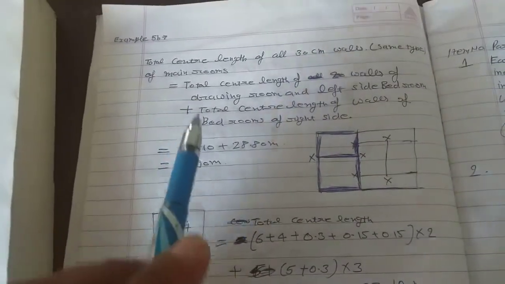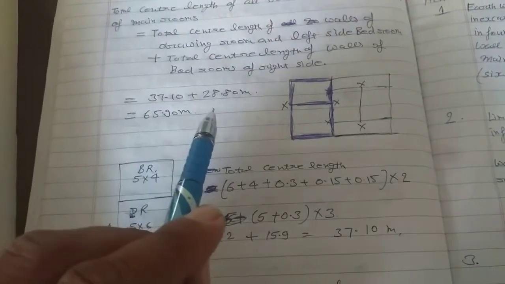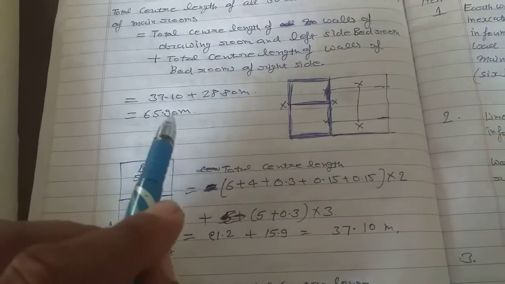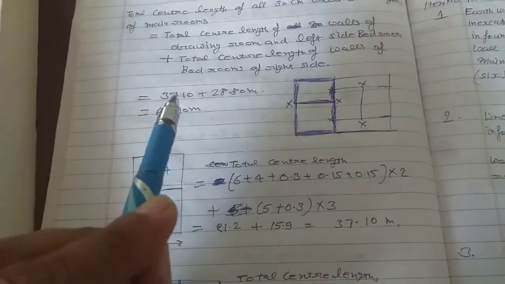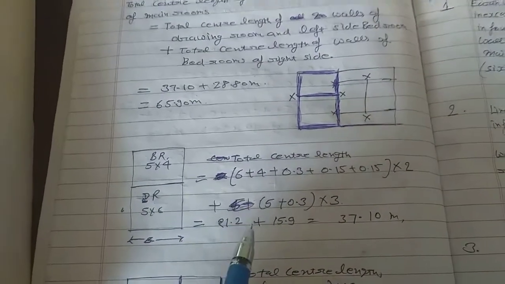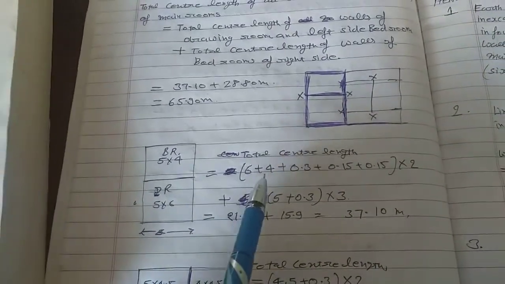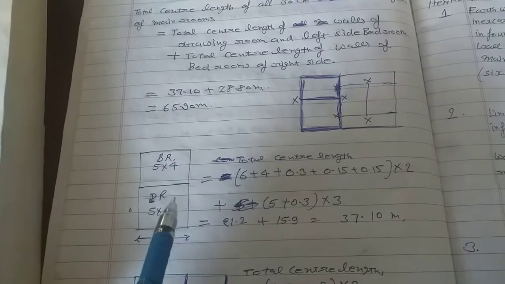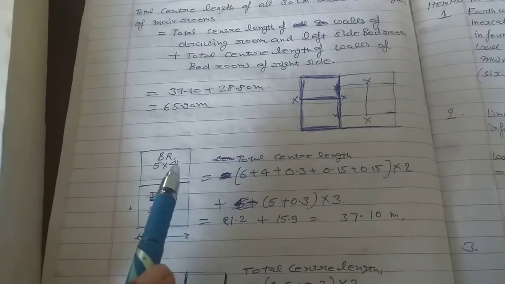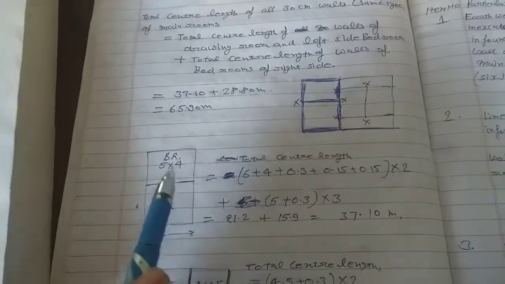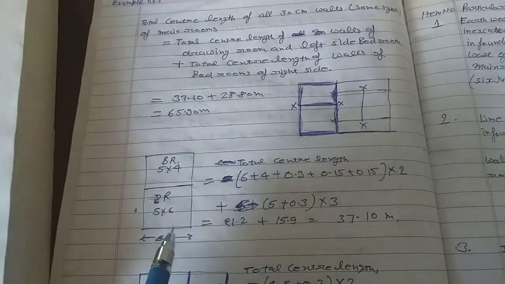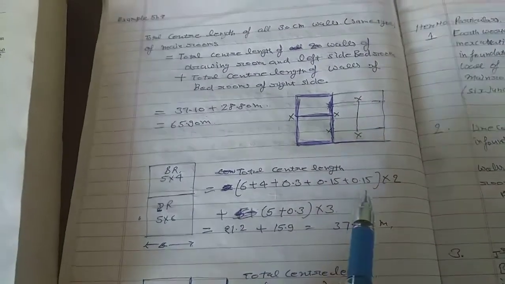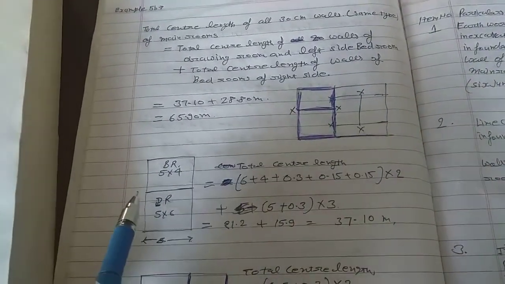Here 37.10 is for the first part and 28.80 is for the second part, and finally it comes to 65.90. How does 37.10 come? It is mentioned here: 6 plus 4, the 6 long wall length plus 4, and the wall thickness 0.3, half wall thickness here and half wall thickness here, multiplied by 2 because there are two long walls.